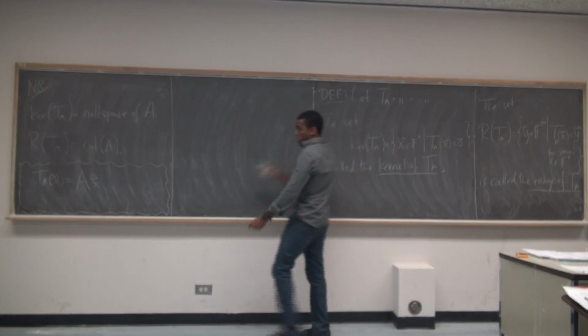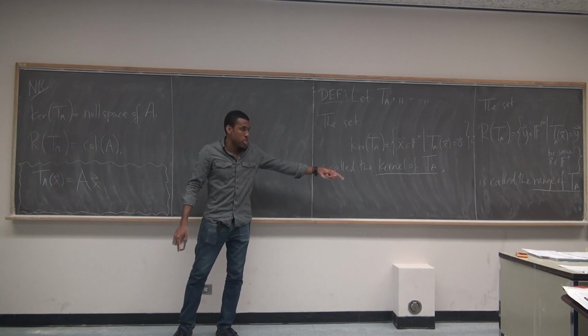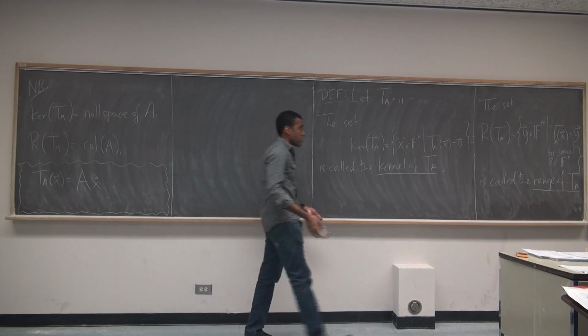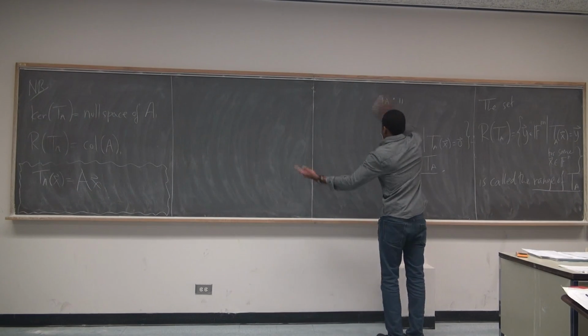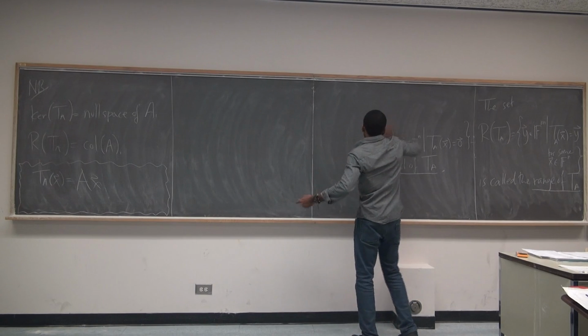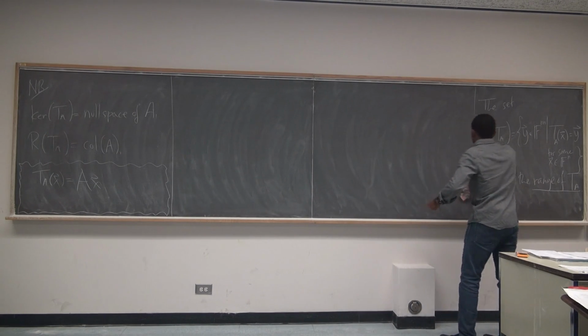And once you have a function defined that way in terms of a matrix, it will be linear. It will be able to distribute across sums, and you'll be able to factor out scalars. I just want to emphasize that, because what I'm going to do now is prove a theorem, and you will need to understand that that's what's going on.